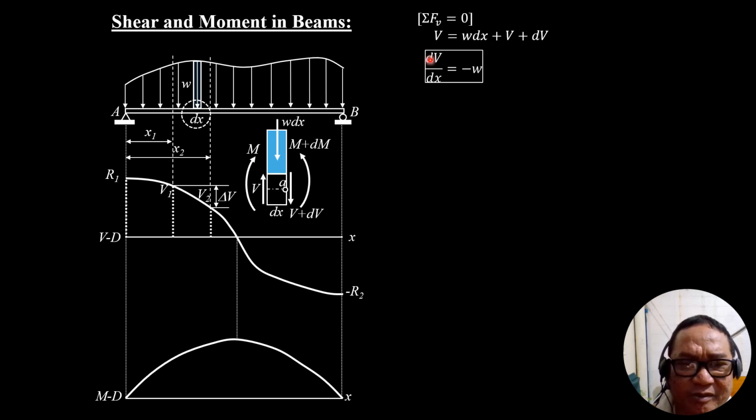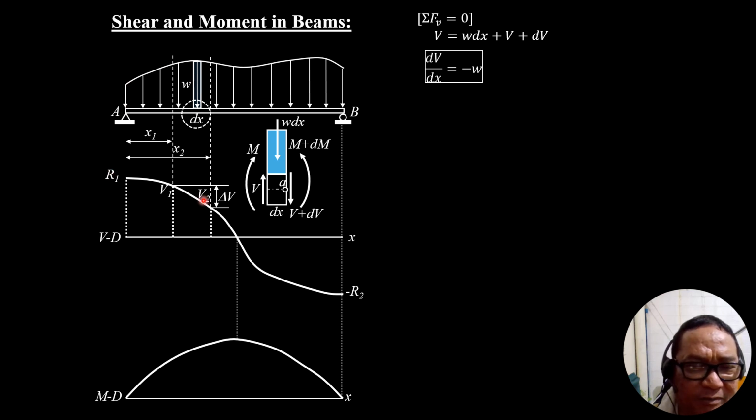So this means, because the derivative of shear with respect to x is the slope of the tangent to the shear curve, the slope of the tangent to the shear curve is simply the negative intensity of the load. And in this case, we treated W as positive, but because it's downward, it should be negative. So again, the slope of the tangent to the shear diagram, shear curve, is simply the ordinate of the loading above.